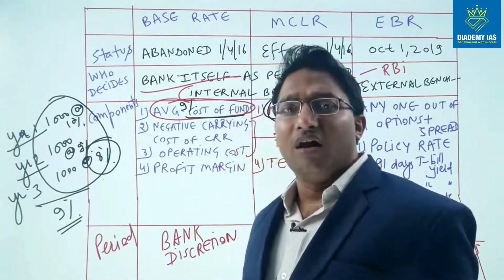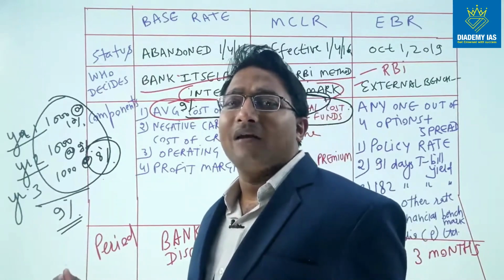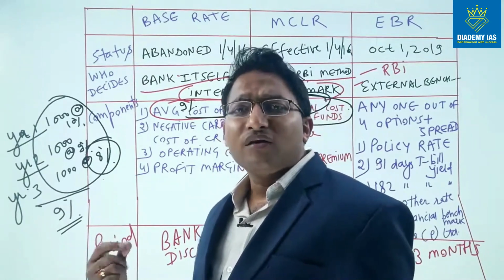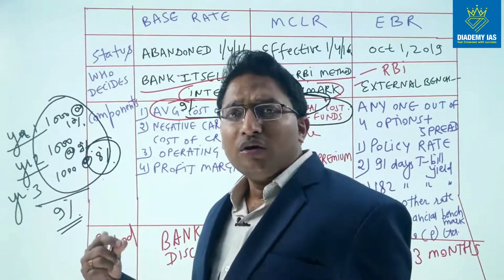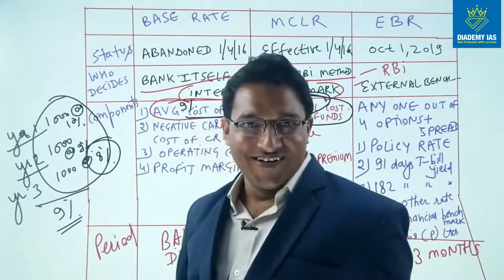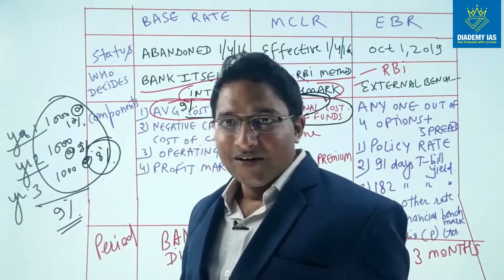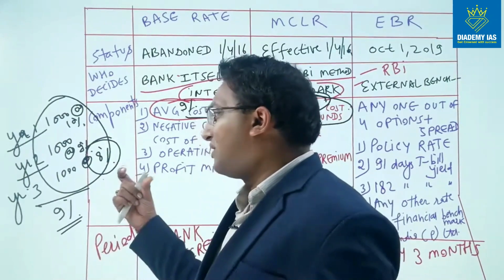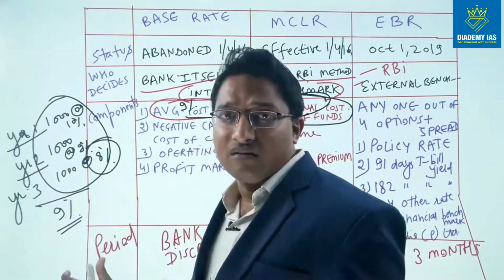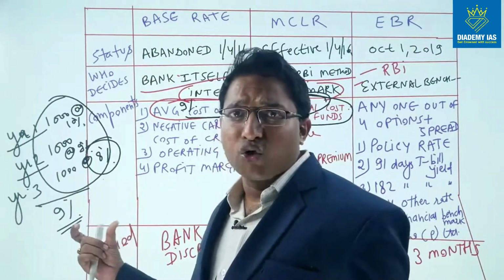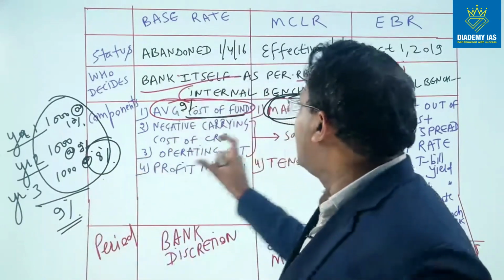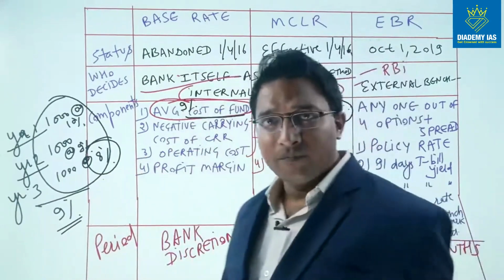So it is very natural that the people will expect the borrowing rate somewhere close to this latest deposit rate only, right? So this latest deposit rate, or the latest additional cost of fund, is taken here in the marginal cost of fund.